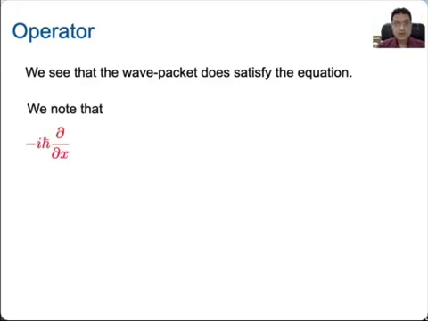Now we have to note this minus iħ d/dx, which we saw in the previous slide. If you apply this to ψ, what are we going to get? This is the component of your wave packet, and once you apply it, you are going to get ħk. We know what this ħk is, and this is your ψ of x,t.